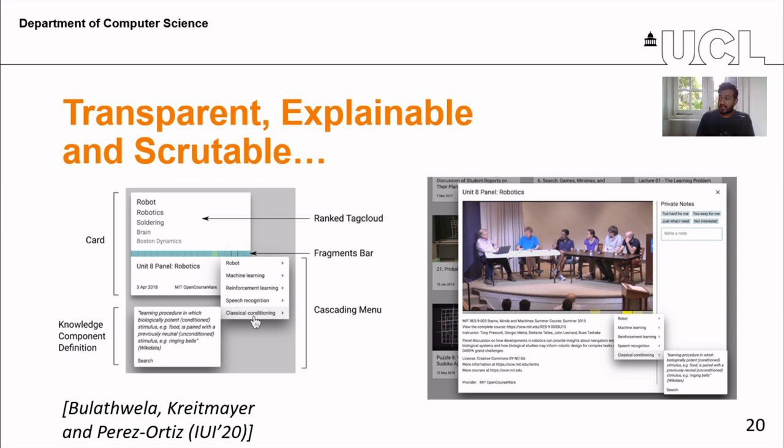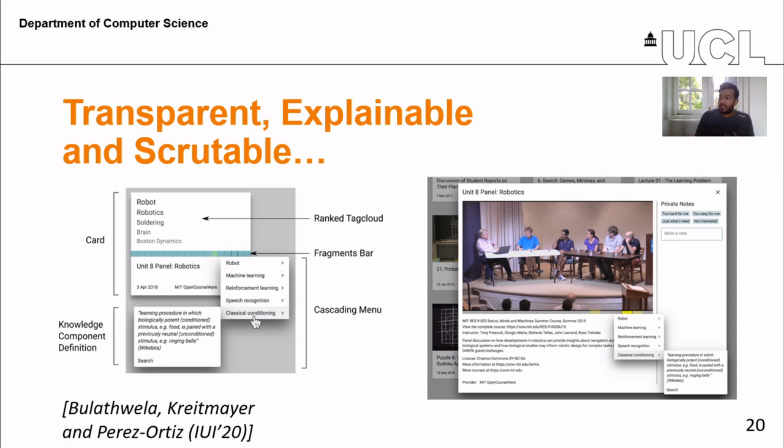another added advantage which is not provided right now in the inbuilt system is because the learner is presented with the Wikipedia topics that are being extracted by the entity linking algorithm. The user can also look at these materials and say, for example, in the left-hand subfigure, there's robo, machine learning, reinforcement learning, speech recognition, and classical conditioning.